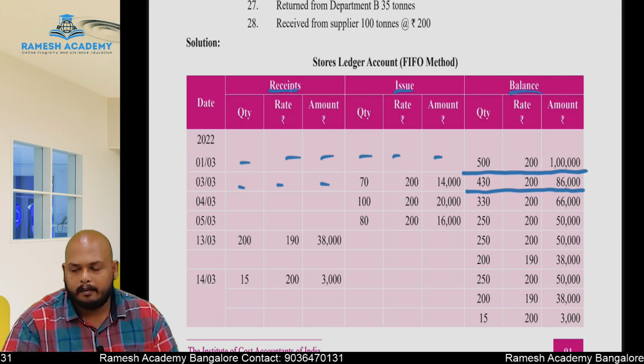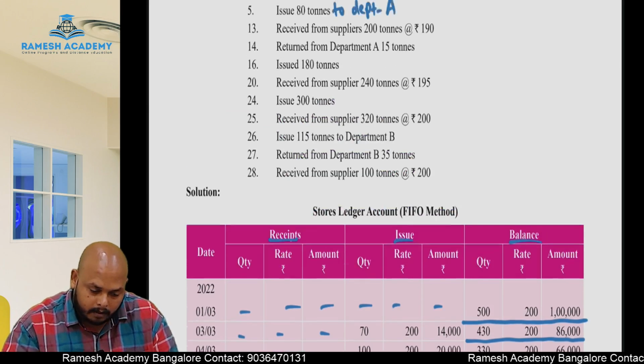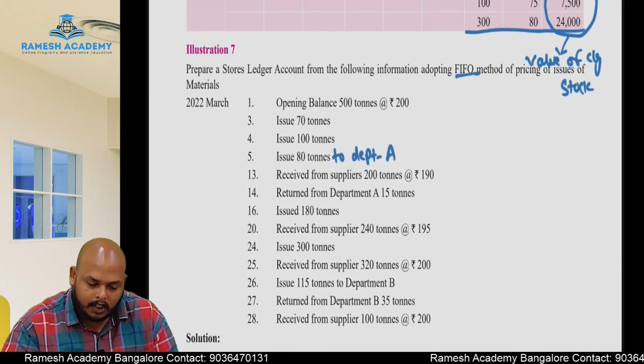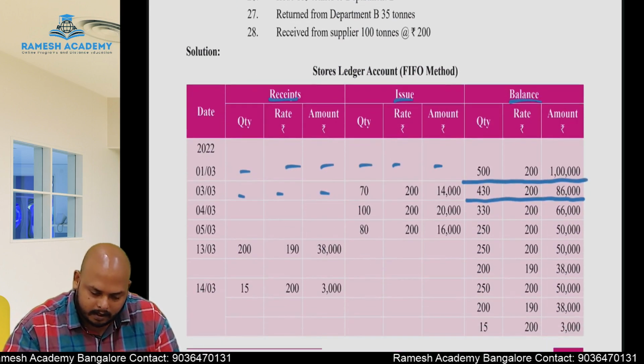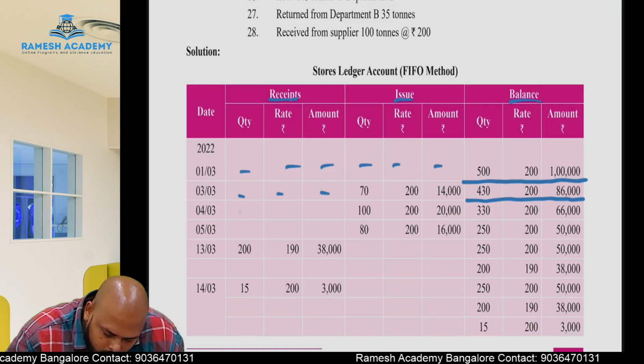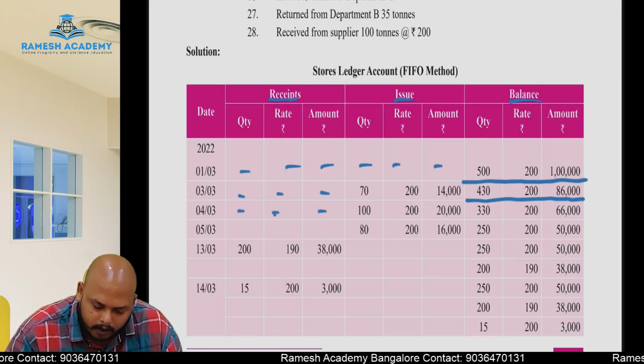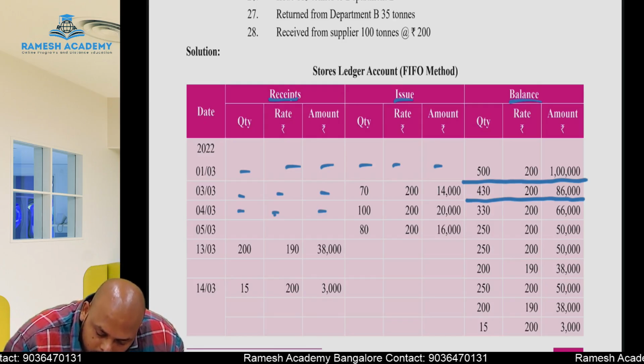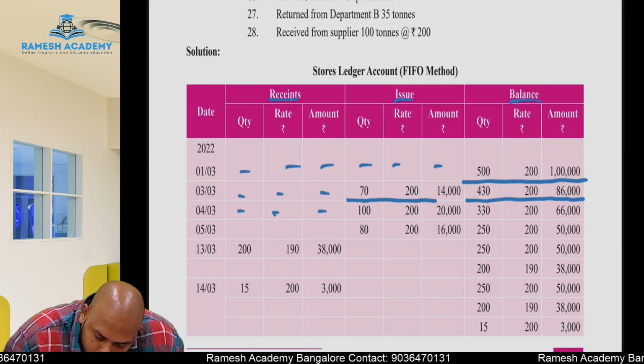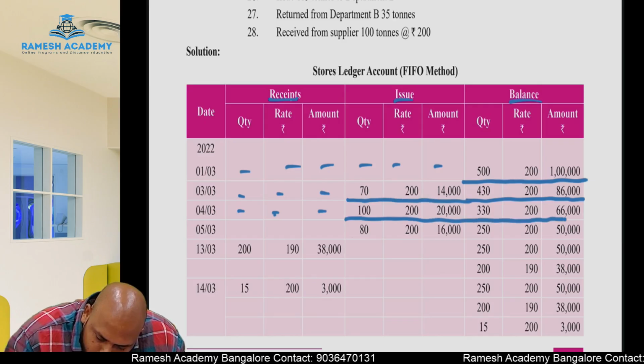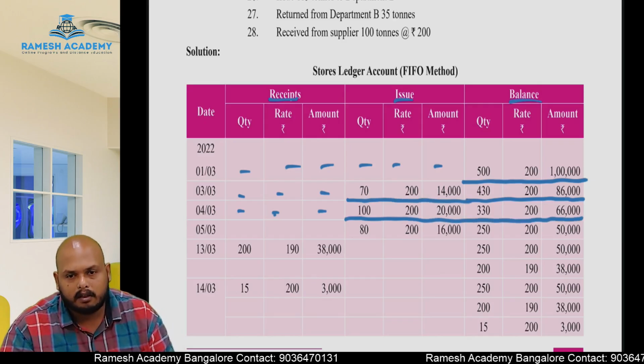We have to write the balance each time. Next, 4th March issued 100 tons. We have balance 430. 430 minus 100, 330 is the balance.